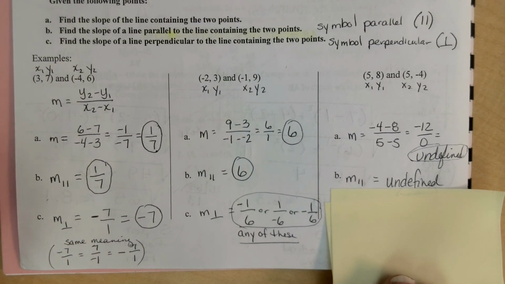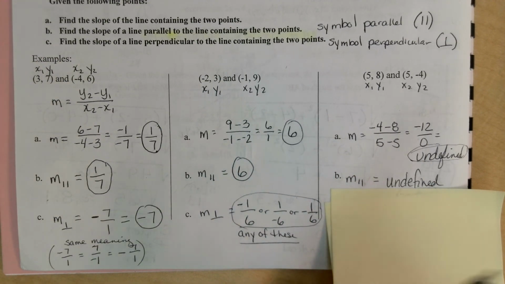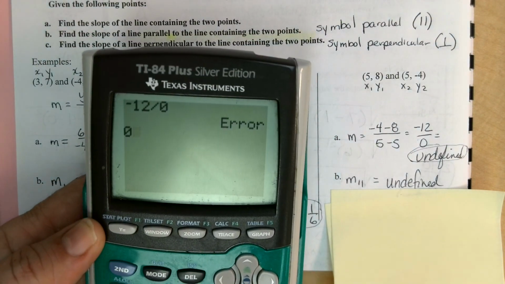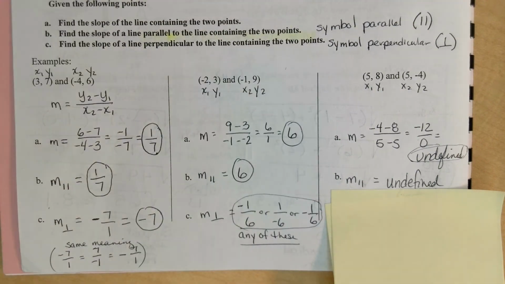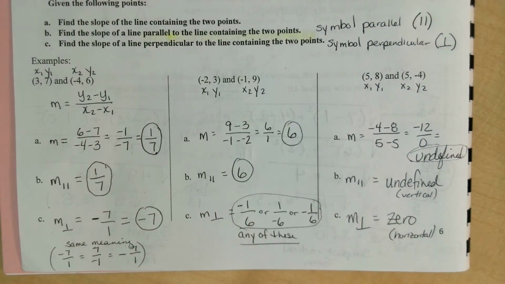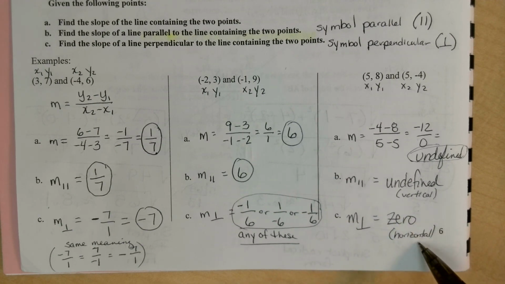You didn't maybe know what to do with the numbers. Well, you could have switched the 0 over -12. And if you come to the calculator and try to take 0 divided by -12, you'll see that it is possible. It will become 0. And that's because perpendicular is always 0. So undefined comes from vertical, 0 comes from horizontal, and those two are perpendicular to each other.